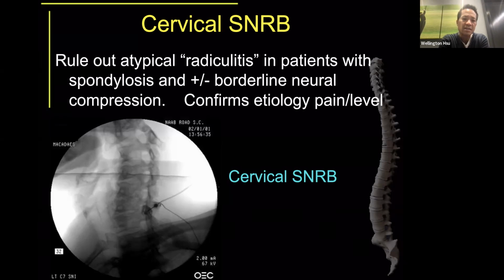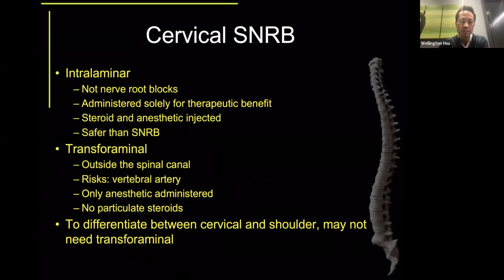I don't use these as much as probably other surgeons, mainly because I believe that surgeons should be looking at the pathology on the MRI much more than relying on the subjective response to an anesthetic injection. But on occasion, if you are truly confused, then this can be helpful.